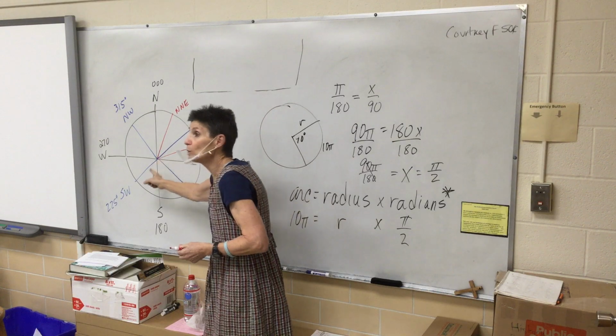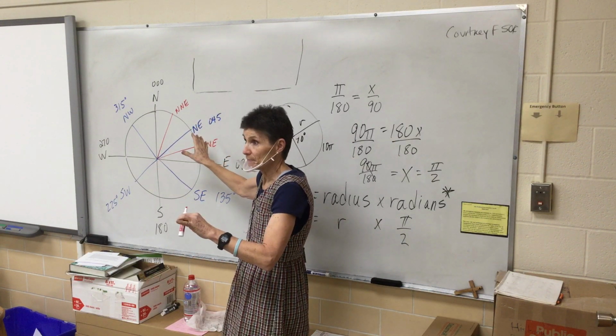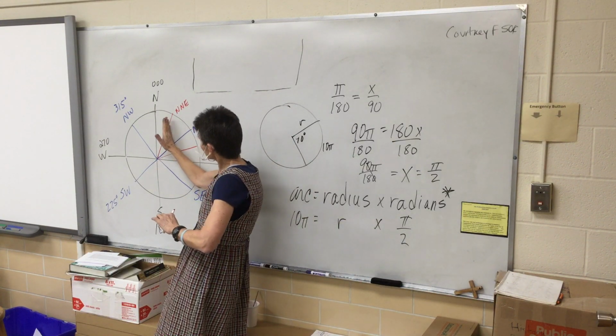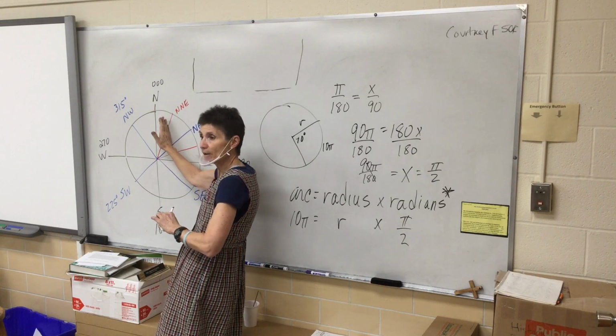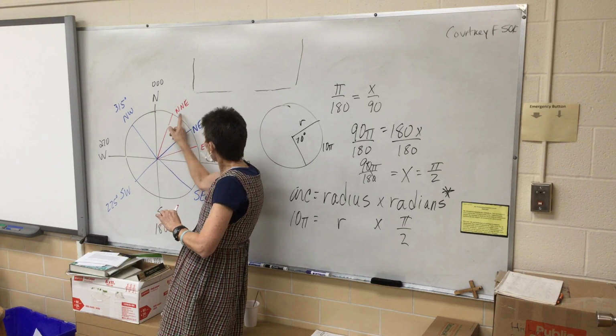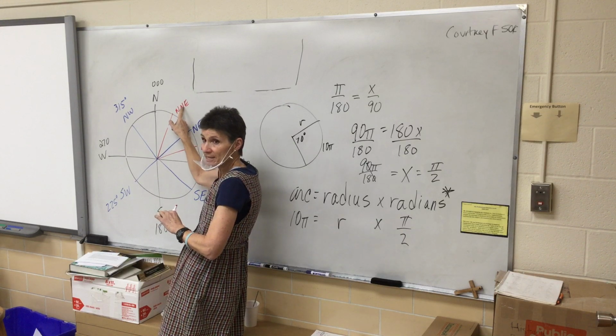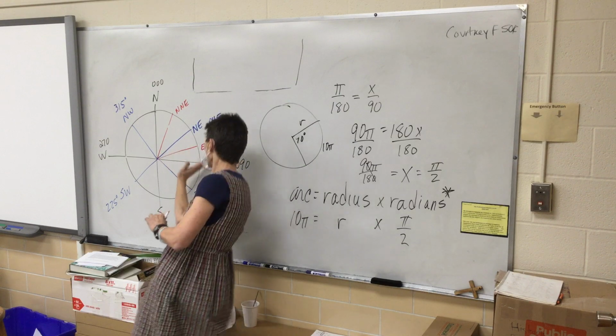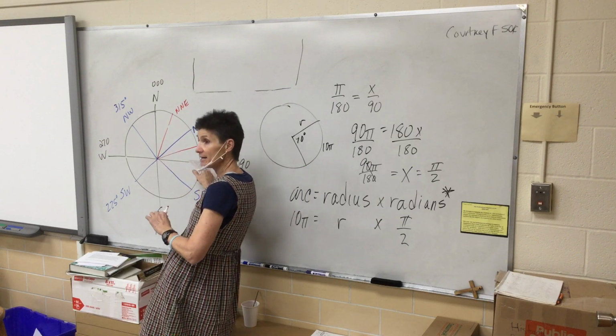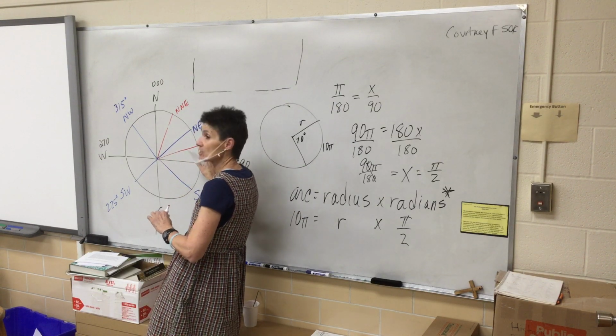Well, the blue line is northeast. When I draw in this red line, I'm on the north side of northeast. On the north side of northeast, so north of northeast. This one is on the east side, so this is east-northeast.